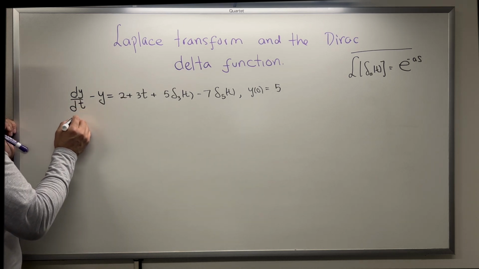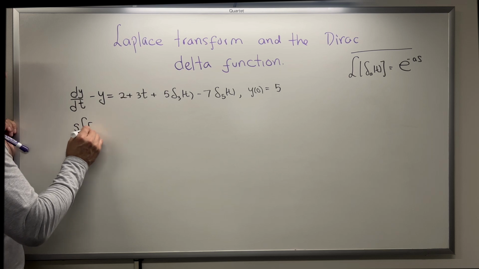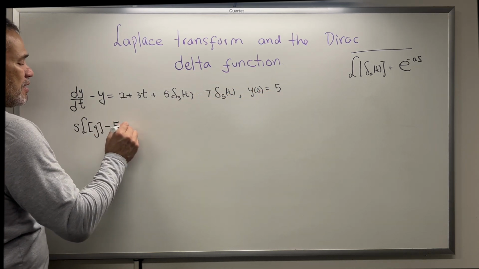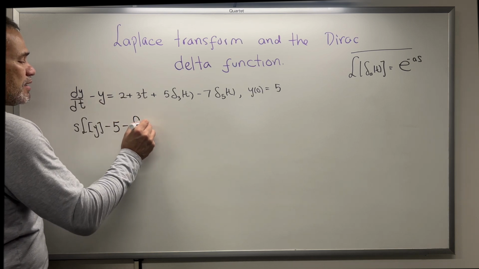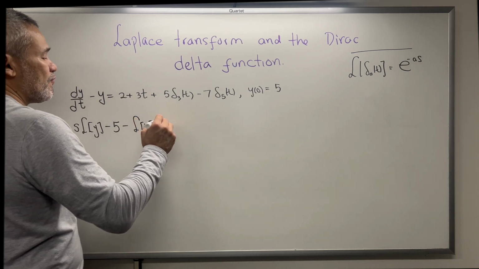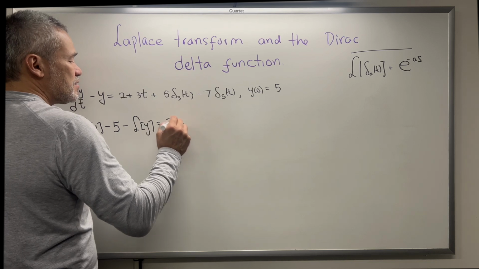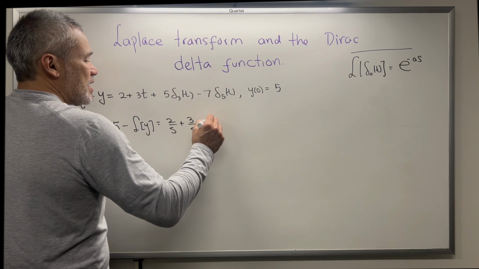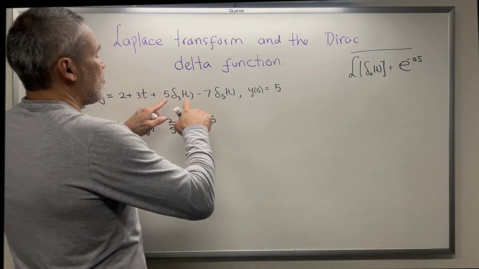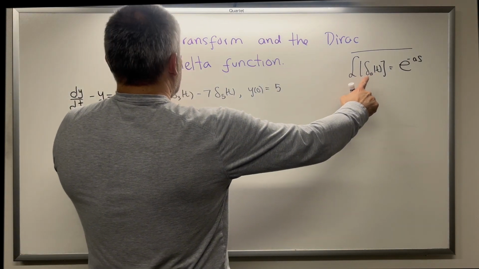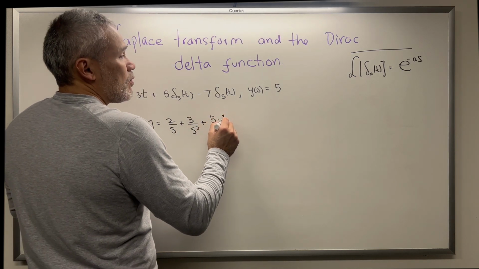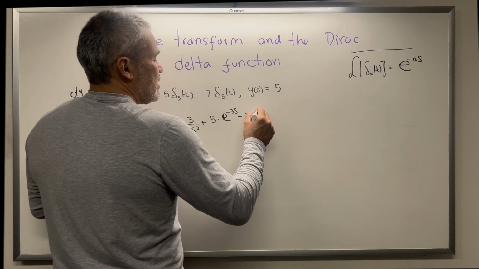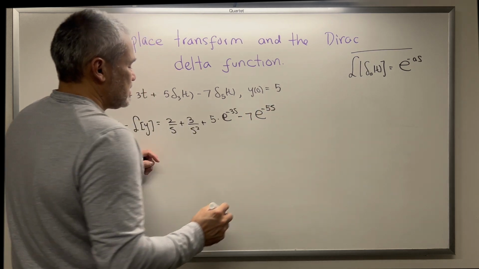The Laplace transform of the derivative is s times the Laplace transform of y minus y of 0 minus 5 minus the Laplace transform of y equal the Laplace transform of 2 over s plus the Laplace transform of 3t, which is 3 over s squared, plus 5 times the Laplace transform of the delta Dirac with a equal 3, which is e to the negative 3s, and minus 7 e to the negative 5s.